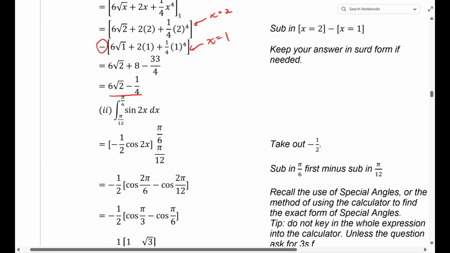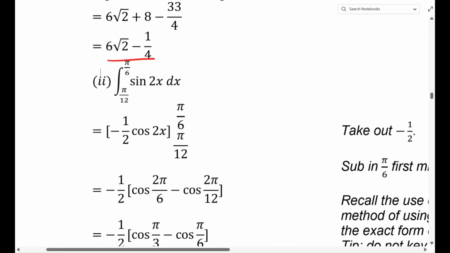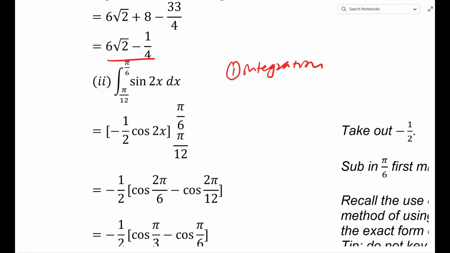Now, part 2. Once again, we will start off with our simple integration. So integrating sine will give you negative cosine, and then you need to multiply it by 1 over the coefficient of your x, so 1 over 2. And then you leave it in a square bracket with your bounds on the outside.